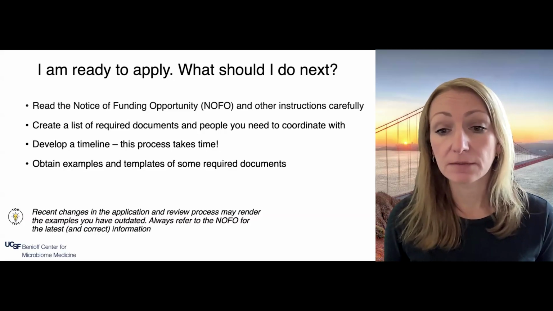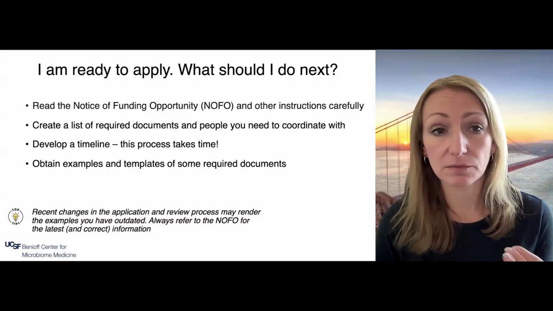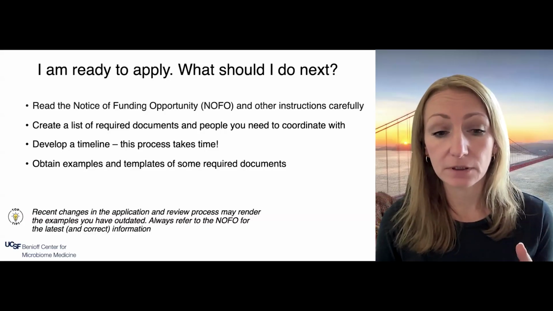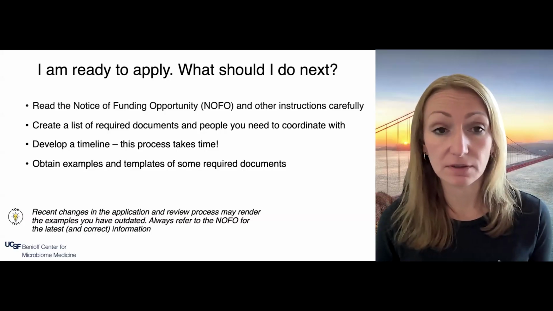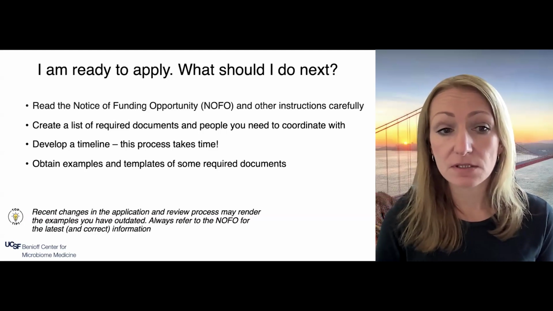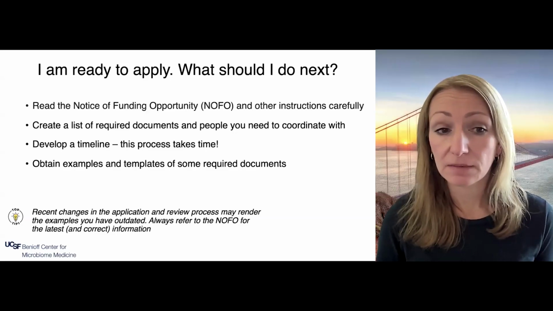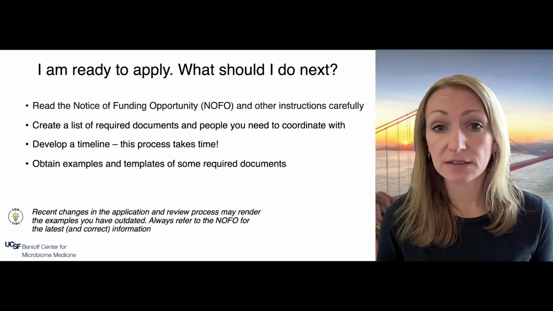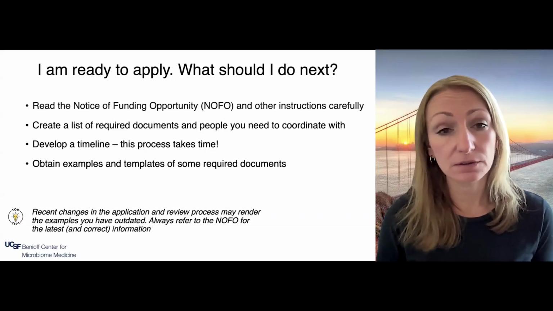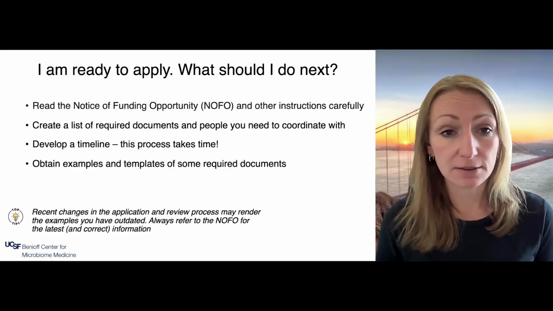You can find additional information and really build your application from there. So you can create a list of required documents and people that you need to coordinate your application with. Develop a timeline. Consider that this process really takes a lot of your time and you need to time it with continuing your experimental work probably and other things that are going on.